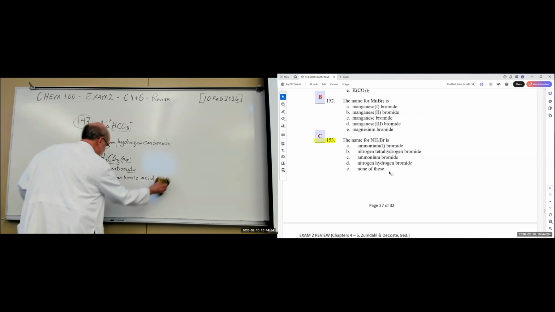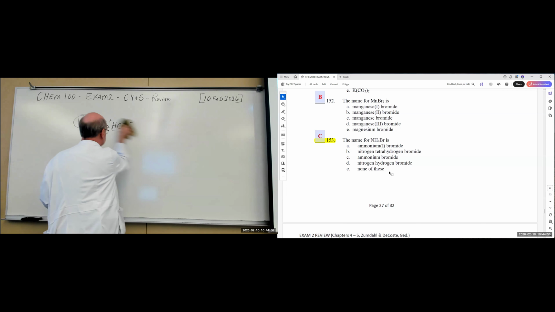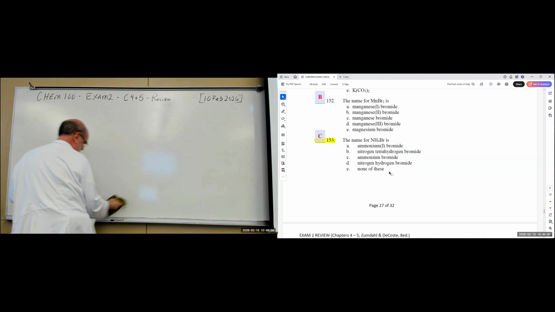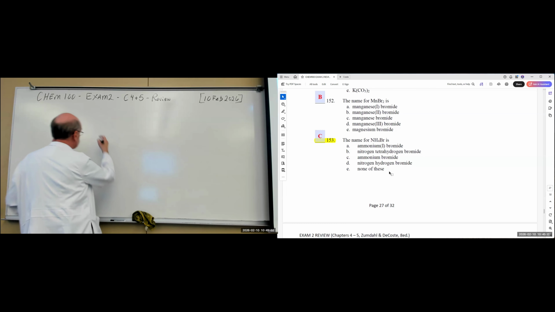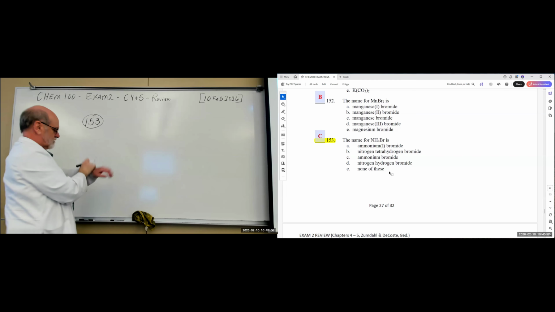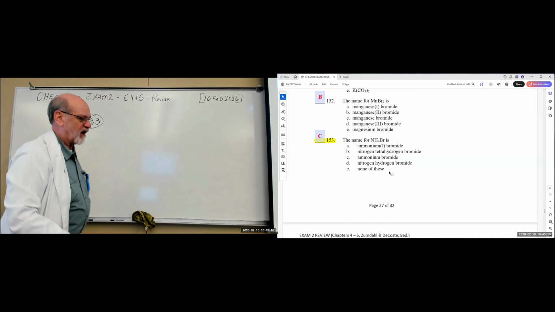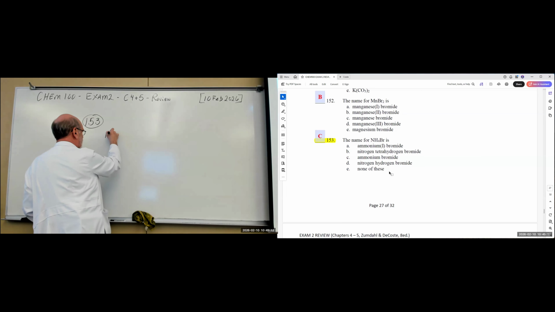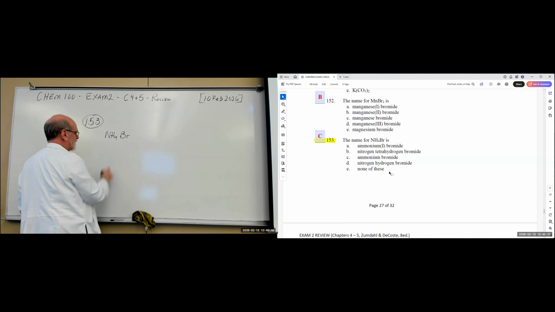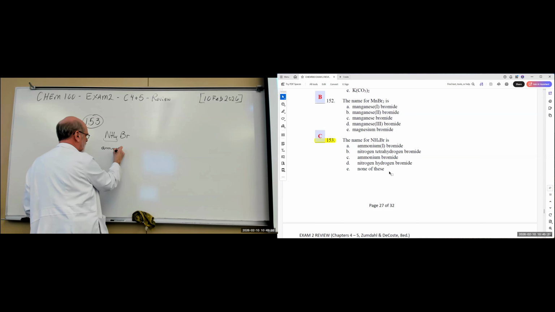153. Let's take these out. 153. The name for NH4Br. NH4Br. This is a polyatomic ion, ammonium.